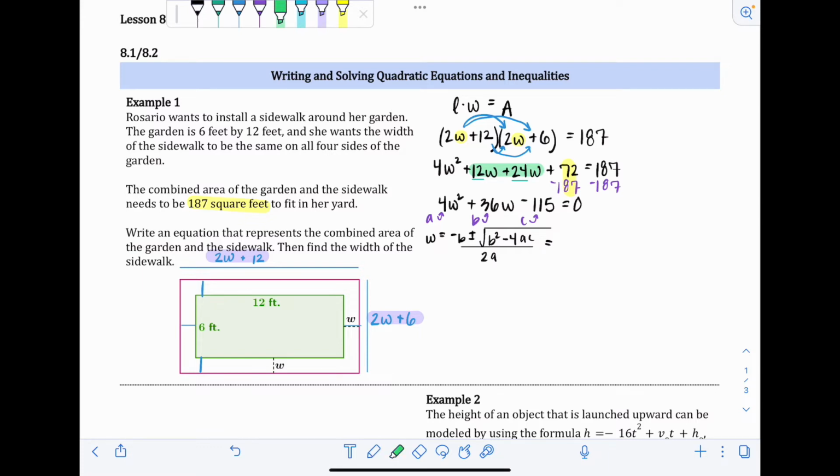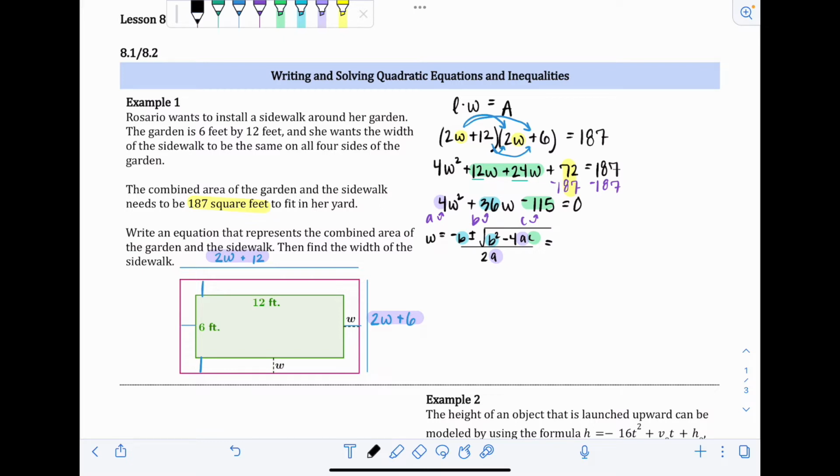So let's see, c is negative 115, that'll go there. Not sure why I started from the back, but I'm here. B is 36, that'll go here and here. And then a is 4, so it'll go here and here. And then from there, we can go ahead and just plug everything in.